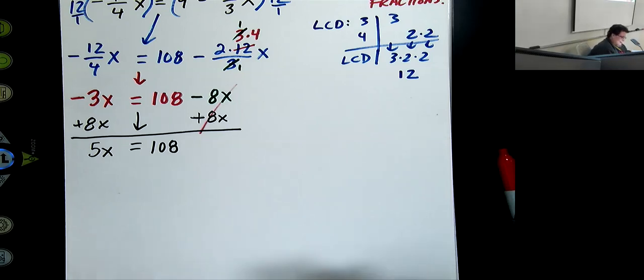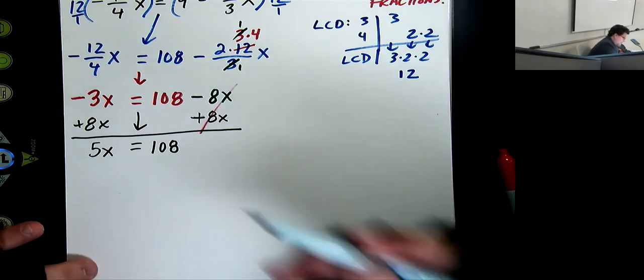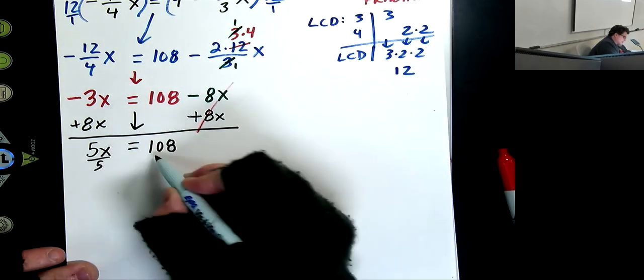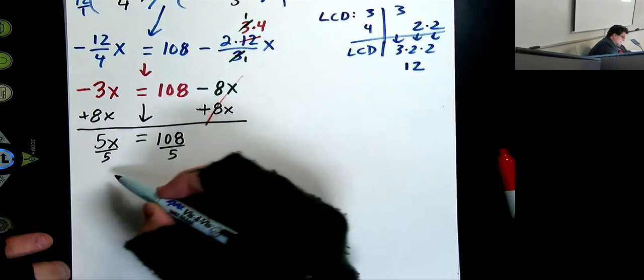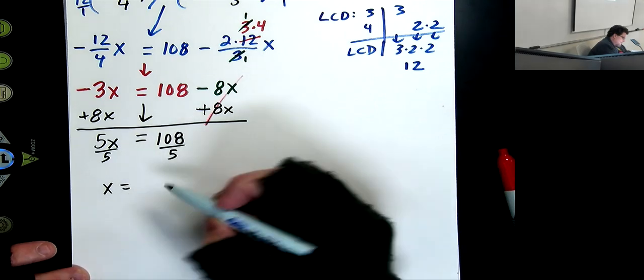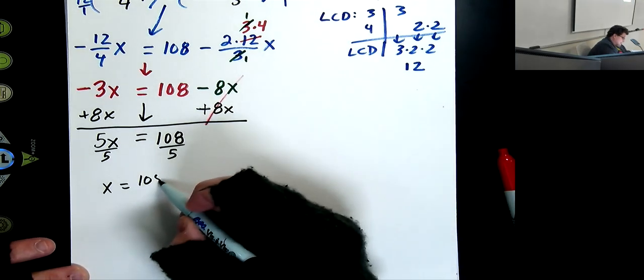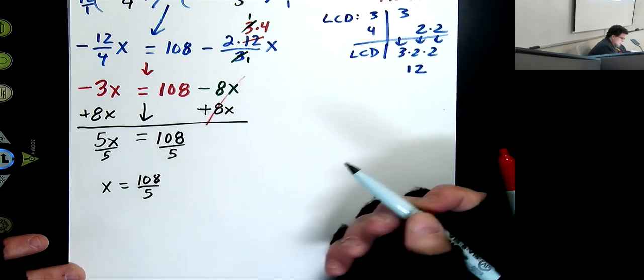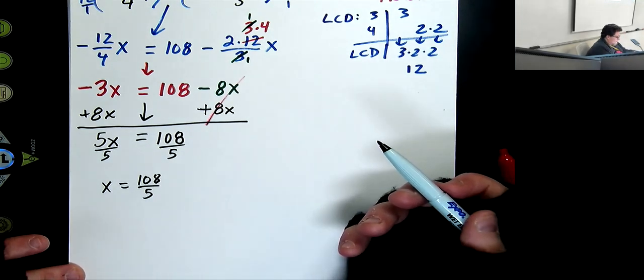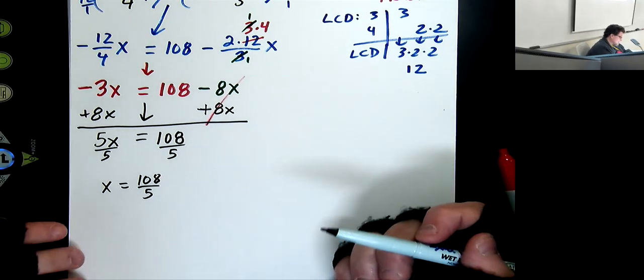It's entertaining. All right, what do I do to finish this up? Let's divide by 5 on both sides. If I do that, I get x equals 108 over 5. I started with fractions, so I should probably leave it as a fraction.